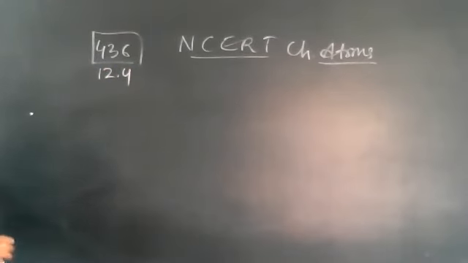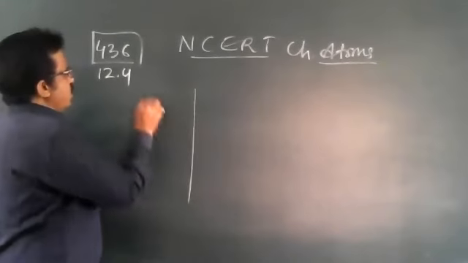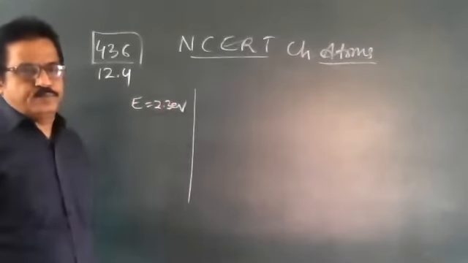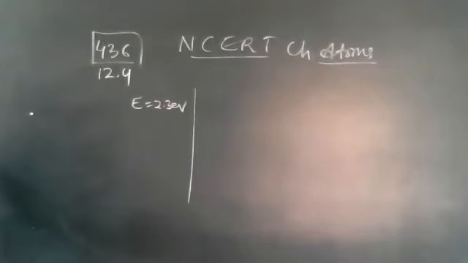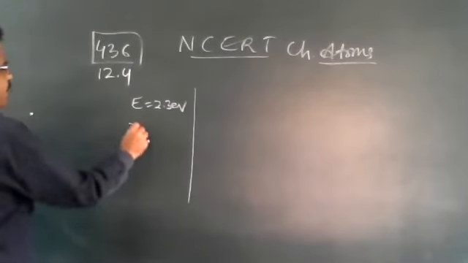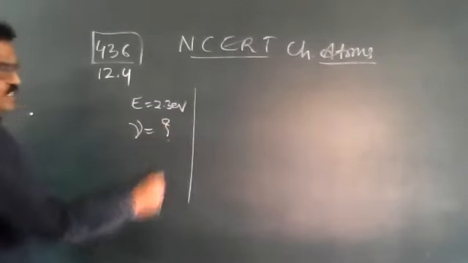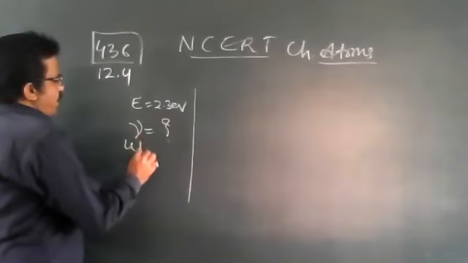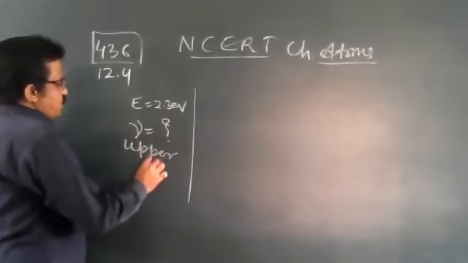A difference of 2.3 electron volt separates two energy levels in an atom. What is the frequency of radiation emitted when the atom transits from the upper level to the lower level?